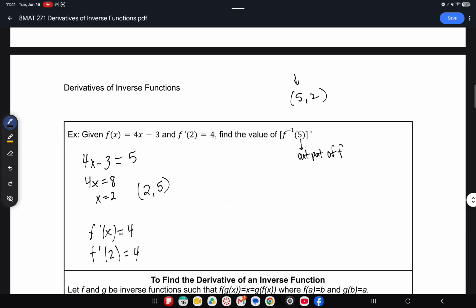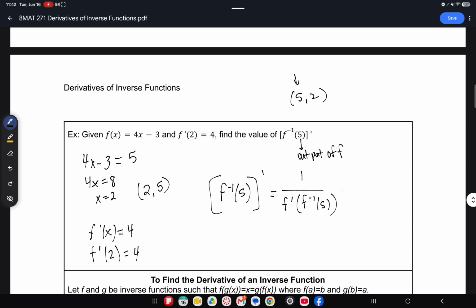All right, so if we use our formula for the inverse derivative, we've got the inverse at 5, but we want the derivative of that. That formula was 1 over the derivative of f at the inverse.